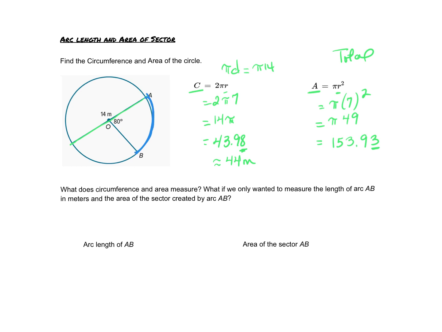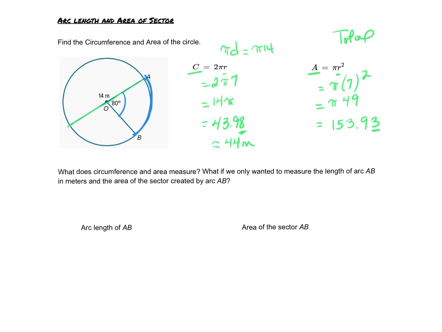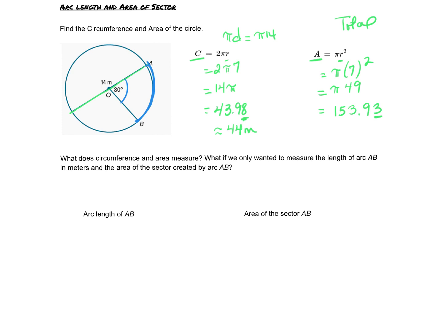If you'll notice, AB has an arc length of 80 degrees based on the central angle being 80 degrees. So AB represents 80 degrees of the total 360. That's what I have to multiply my total circumference by.